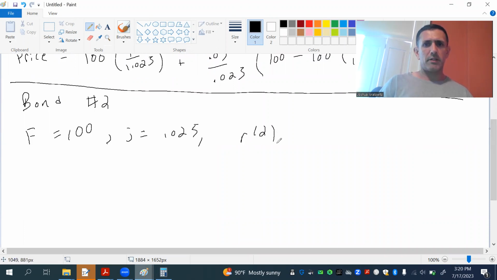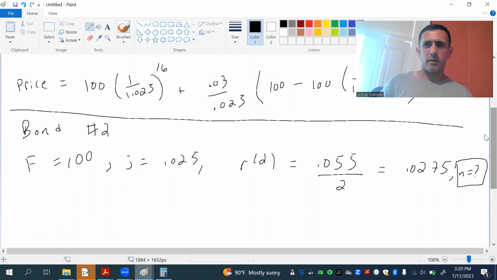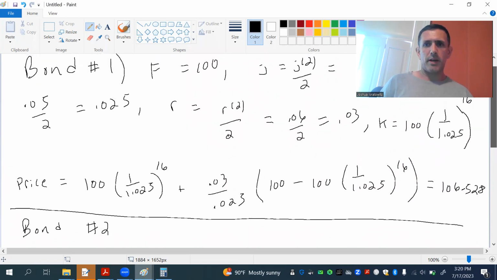We're given that my semi-annual nominal coupon rate, bond rate, same thing, is 5.5%. So my actual 6-month bond rate is 2.75%. Okay. And we don't know what n is. Okay, that's fine. So yeah, just do the same thing, Makeham's formula.